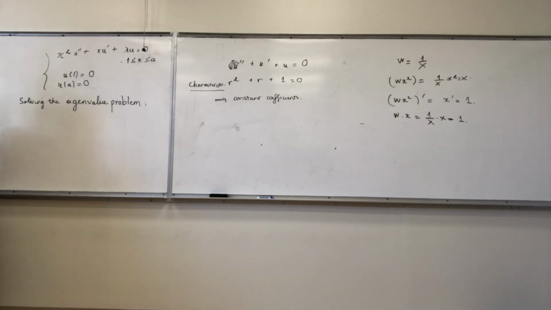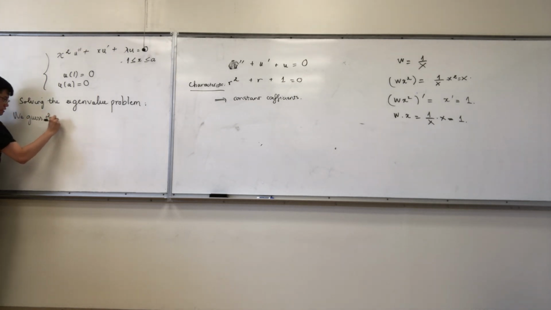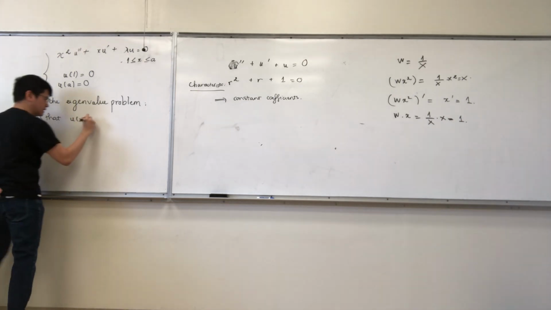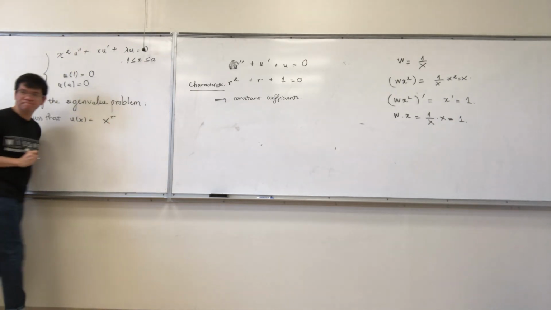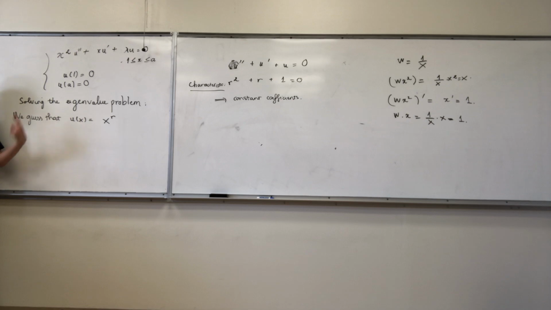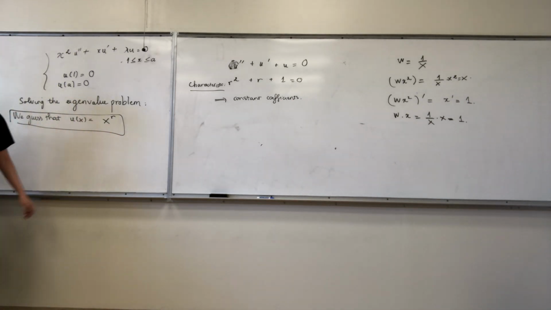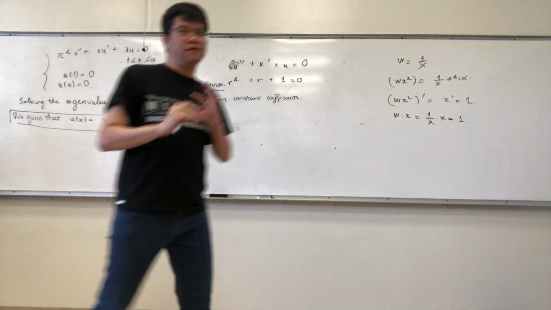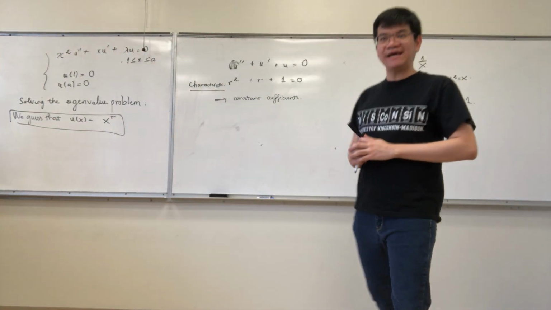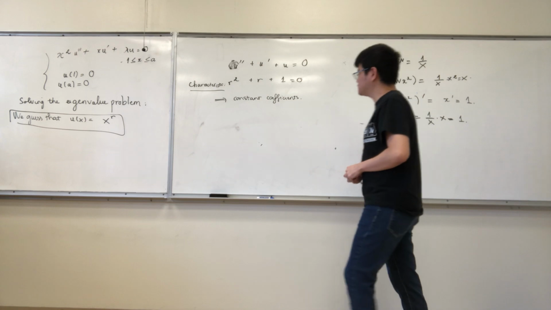Again, this is guessing, but so we guess that u of x is x to the power r, and you plug this back into the equation. This is the key, right? So we guess that the solution has a polynomial form, which is x to the r. r is a constant that we have to solve for later.